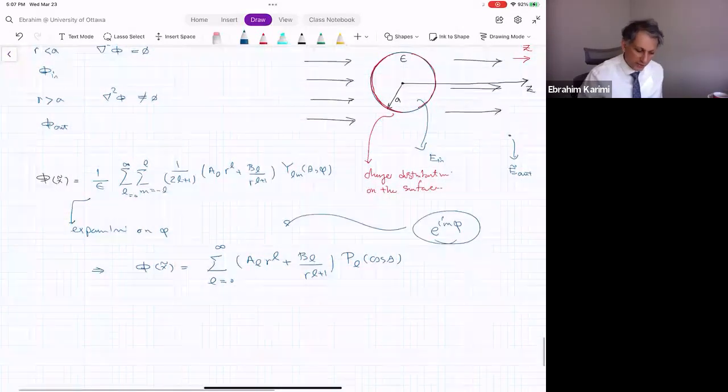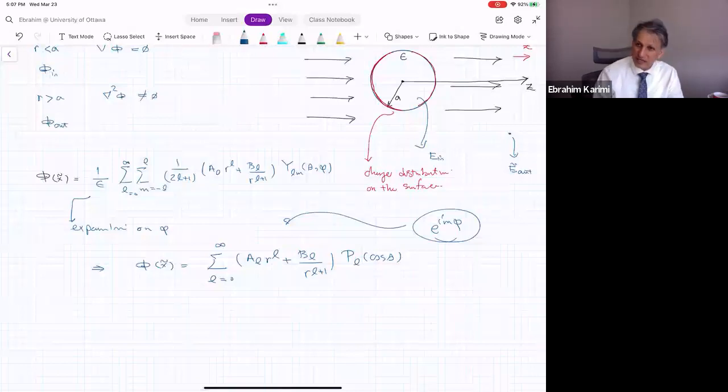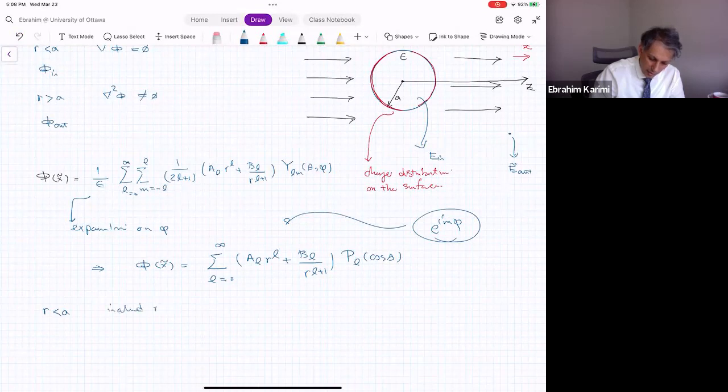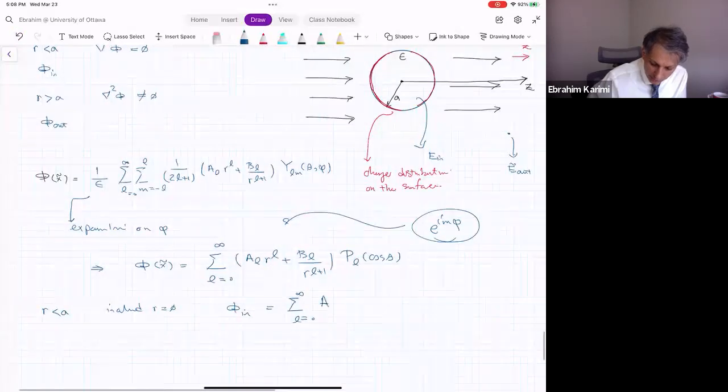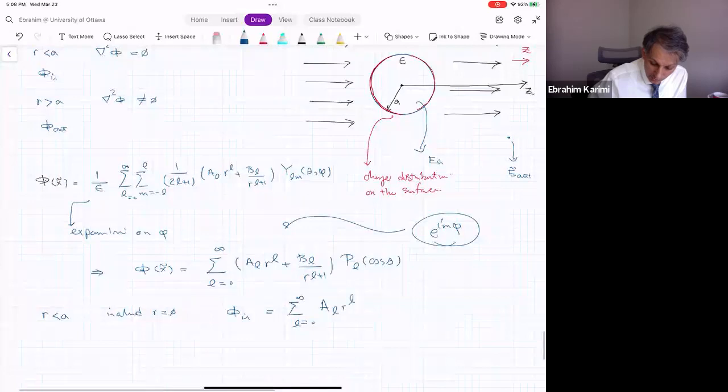So we do have two different regions. One is R greater than A, and one region is R smaller than A. R smaller than A also includes R equal to 0, where 1 divided by R power of L plus 1 will be singular. So for phi in, the only term that plays a role will be R power of L, PL of cosine of theta.